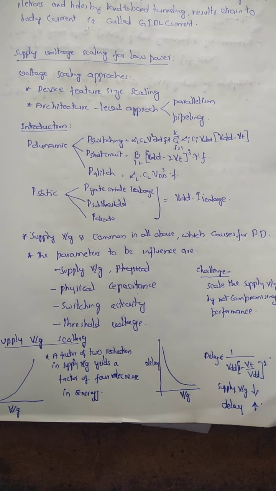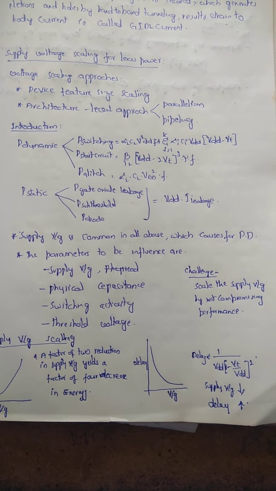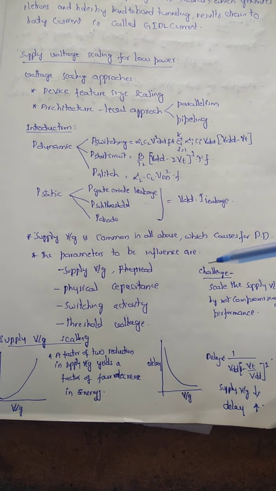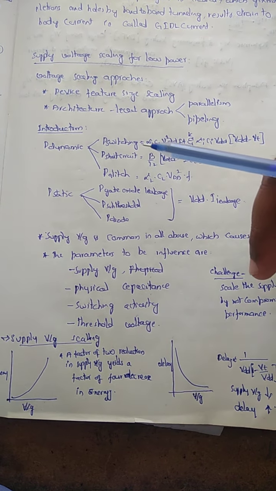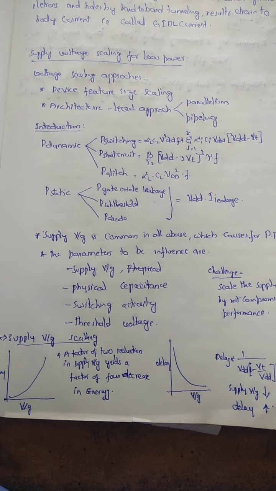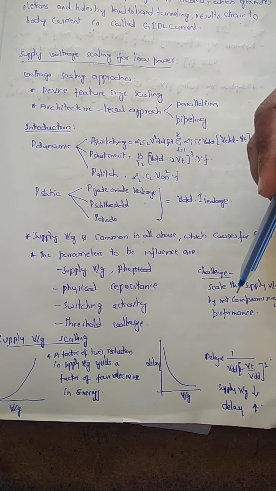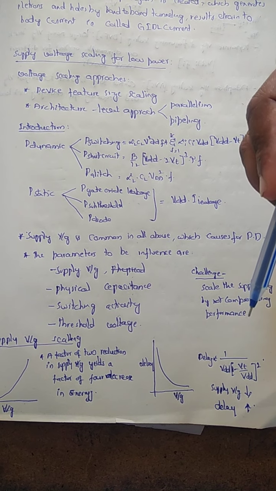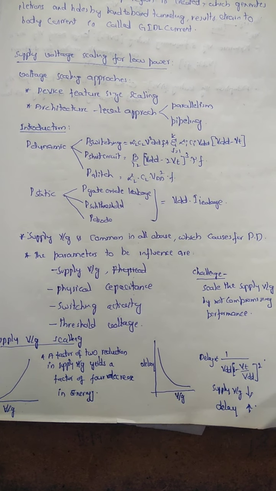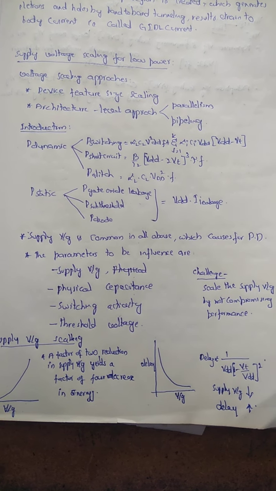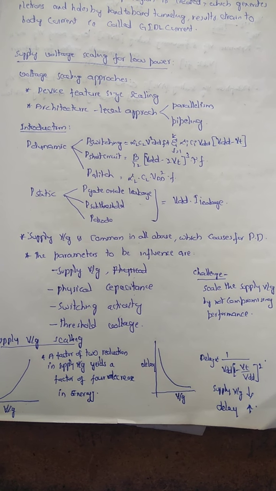Usually, the challenge we are facing is that theoretically we can reduce the supply voltage up to 0.2 volts, but practically, for any circuit the minimum voltage we can use is 1 volt. Why only up to 1 volt instead of 0.2 volts?